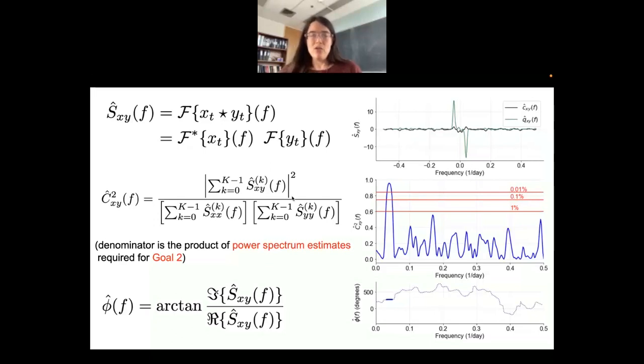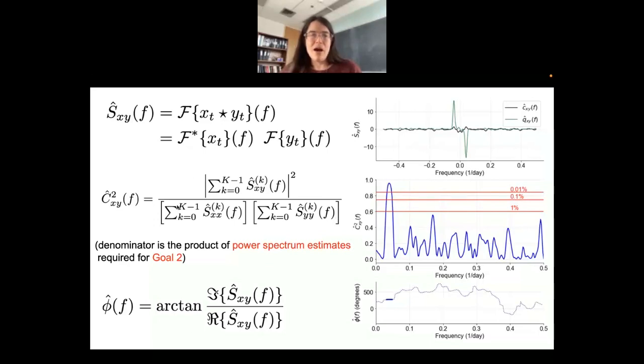Then you can take that complex valued cross spectrum and normalize it by the product of the periodograms of both time series. That's this middle plot, and it's called magnitude squared coherence. Since this is symmetric about zero frequency, we only plot the positive frequencies, but you can see a hugely significant signal at the shared oscillation, this 25-day rotation period that I put in my data.